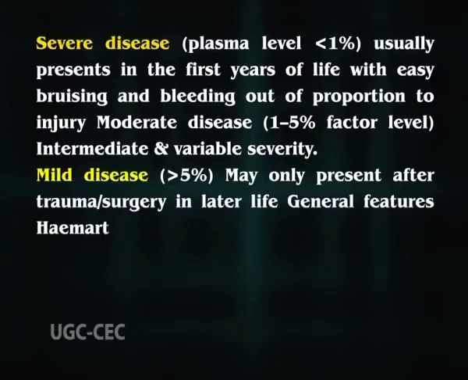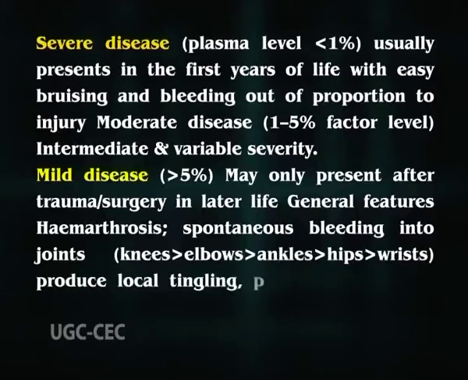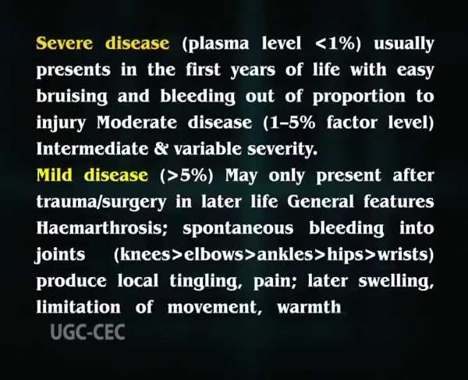Mild disease: greater than 5%, may only present after trauma, surgery, or in later life. General features. Hemarthrosis, spontaneous bleeding into joints, first knees, elbows, ankles, hips, wrist, produces local tingling pain, later swelling, limitation of movement, warmth, redness, severe pain.